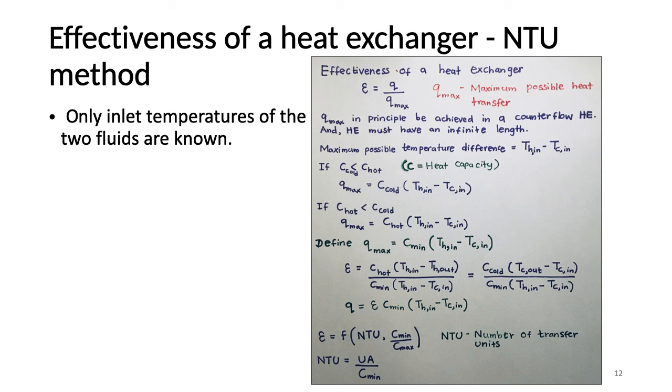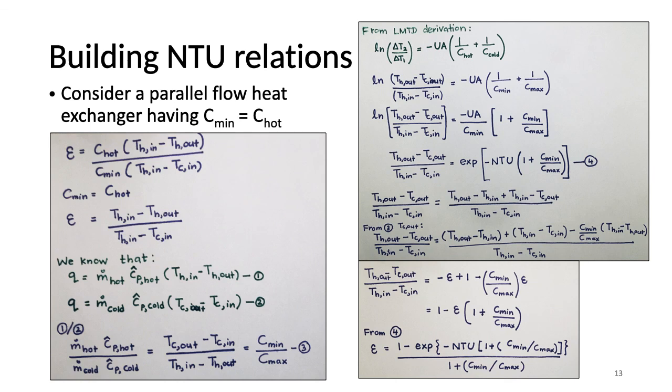Now we are heading towards the building of NTU relations. Consider a parallel flow heat exchanger where C min is equal to C hot. Then we can write the effectiveness in terms of inlet and outlet temperatures. We know the relations for total heat transferred from hot and cold fluids.